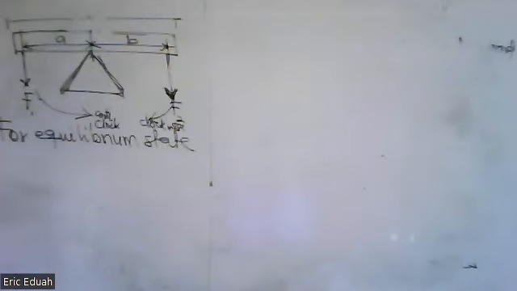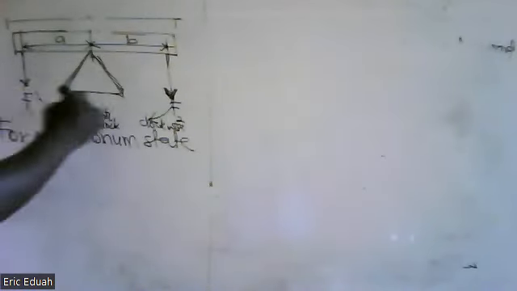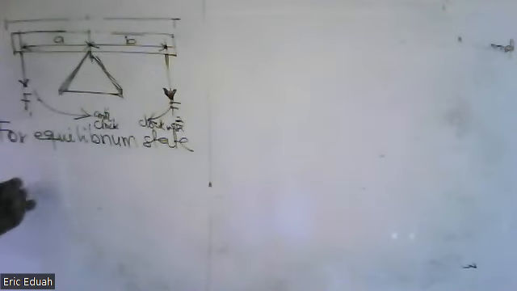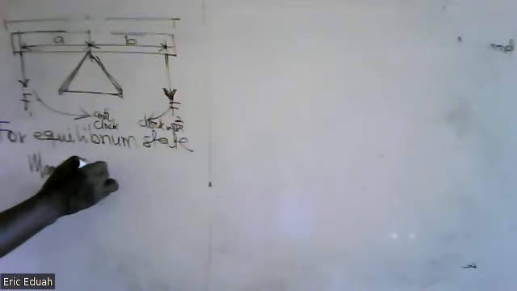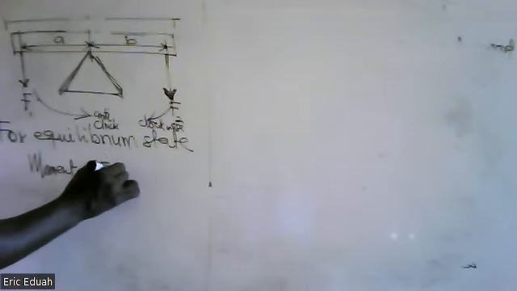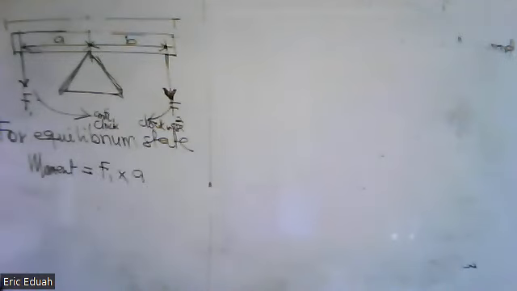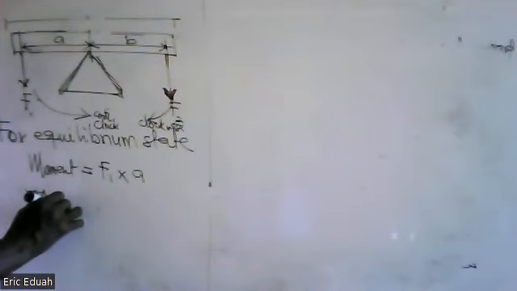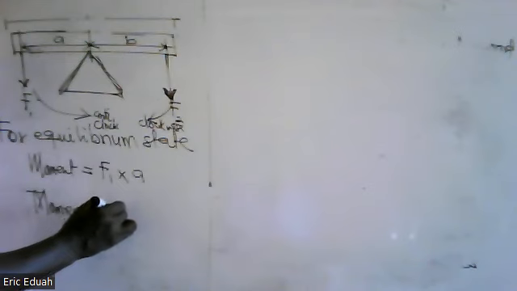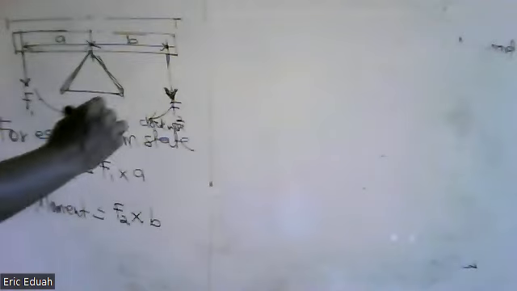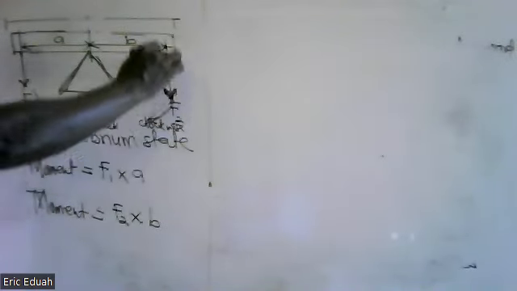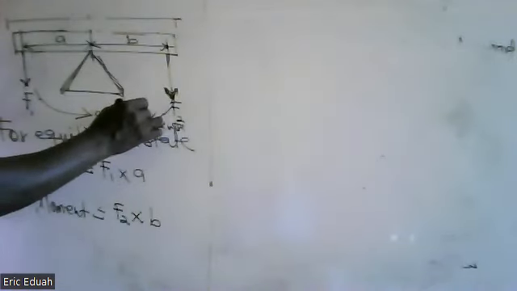Now, for the equilibrium state, if I calculate the turning effect, the moment produced by F1, it is equal to F1 times the perpendicular distance, which is A. Then the turning effect, or moment, produced by F2 is F2 times B. Which direction is the turning effect produced by F2?